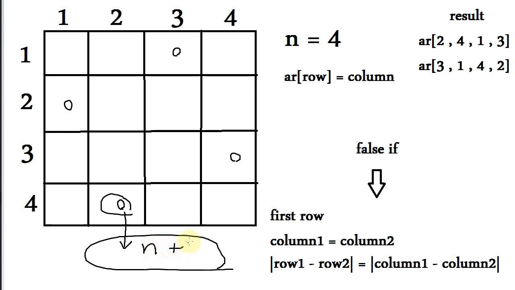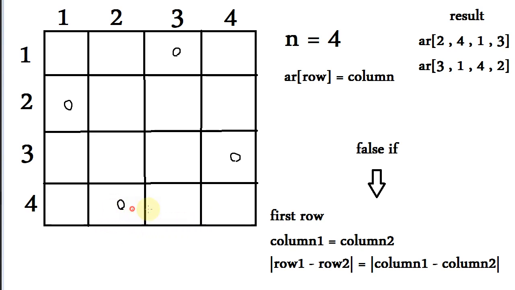n plus 1 row. At this point, it prints the result. It gives us the result, which is this. After giving us the result, it continues to the next cell.